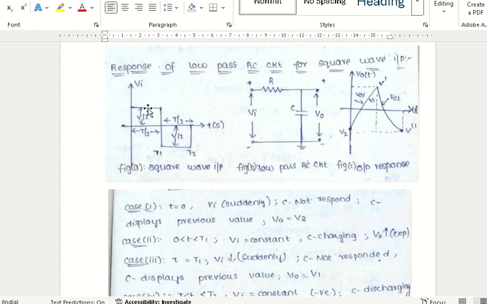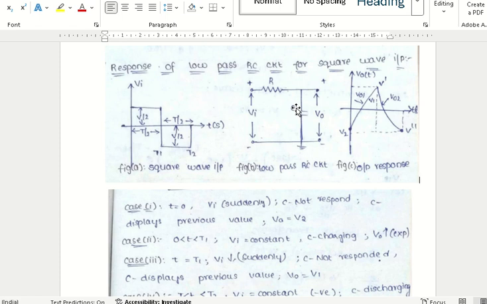When we apply this constant positive value to the circuit, because the positive value appears at the input terminals, the capacitor goes into the charging condition through the resistor R. That means the capacitor charges exponentially because the input signal is constant.